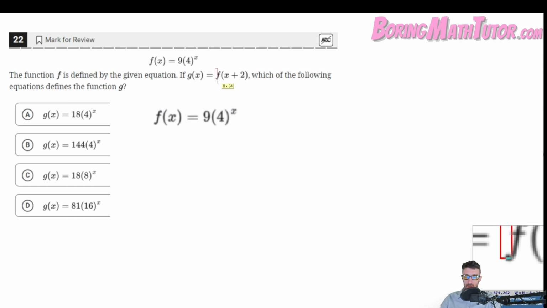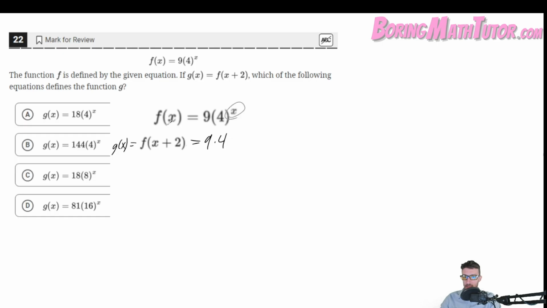All right, here they're giving us that f of x is equal to 9 times 4 to the x, and then they're talking about f of x plus 2, and they're saying that that's equal to g of x. But then all we got to do is replace the x with x plus 2. Now, do I see that answer here?